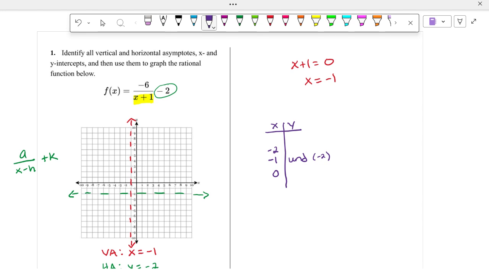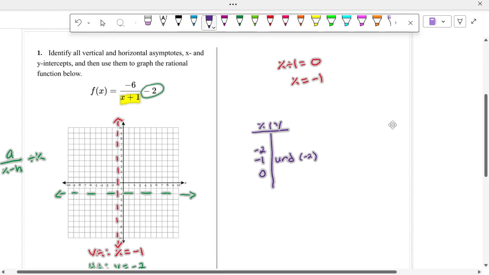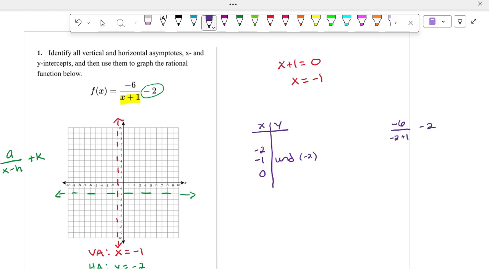And then I just have to plug them in to the original function to get corner points. So if I plug in negative 2 first, I get negative 6 over negative 2 plus 1, minus 2. Then this will be negative 6 over negative 1, minus 2. So that'll be 6 minus 2, which is what? 4.